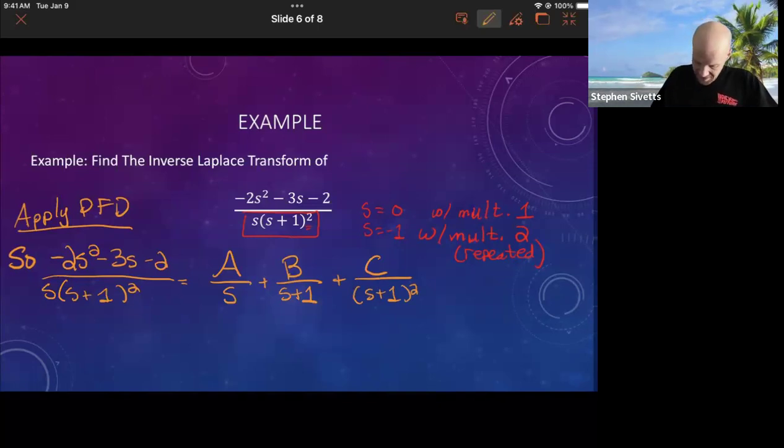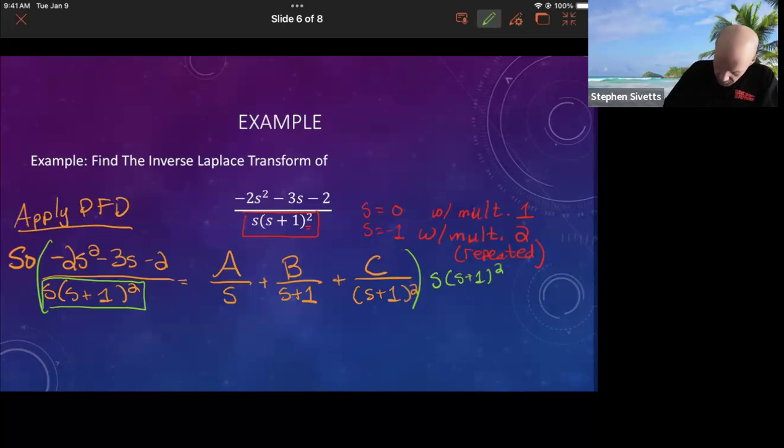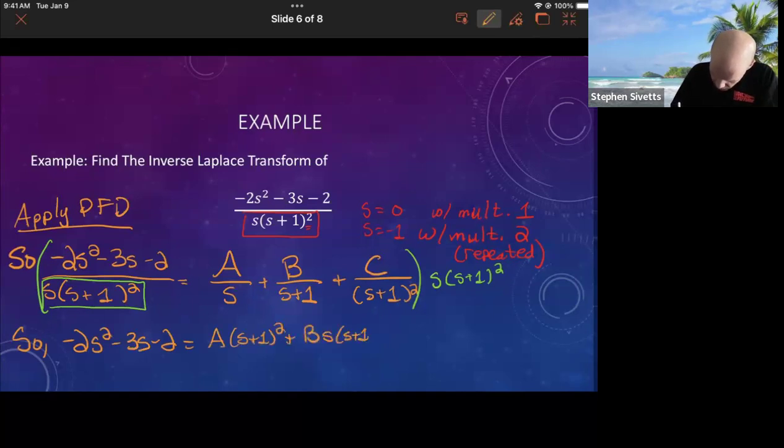And then the next step is to multiply both sides of this equation by the product of the factors in the denominator on the left-hand side. So it's just s times s plus 1 squared. What we have now is negative 2s squared minus 3s minus 2 is equal to a times s plus 1 squared plus b times s plus 1 plus c times s.